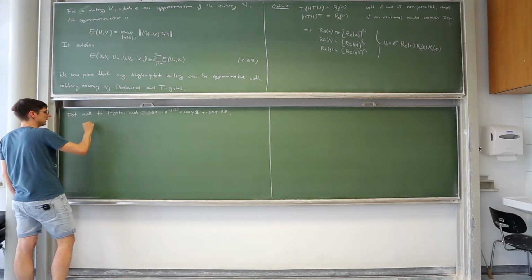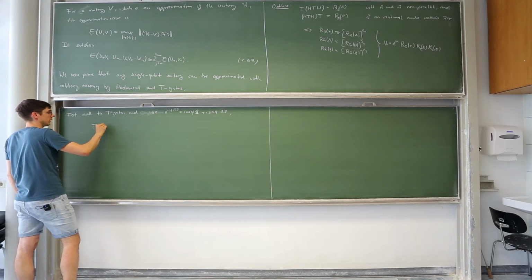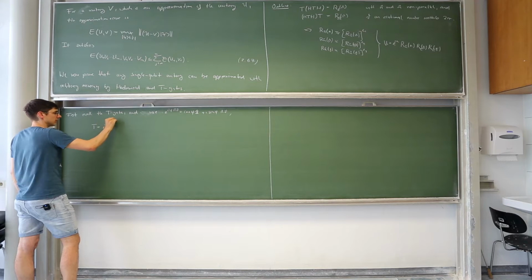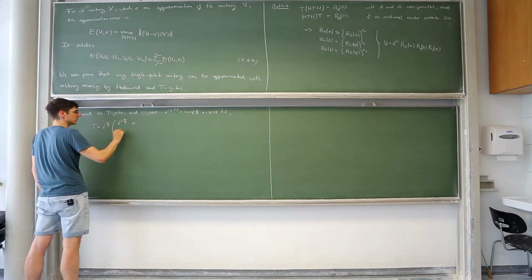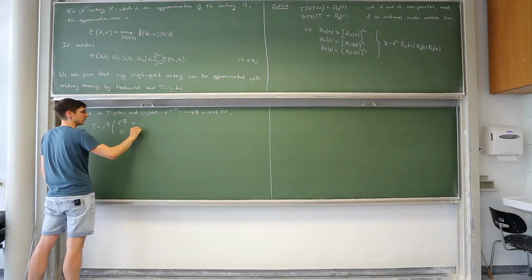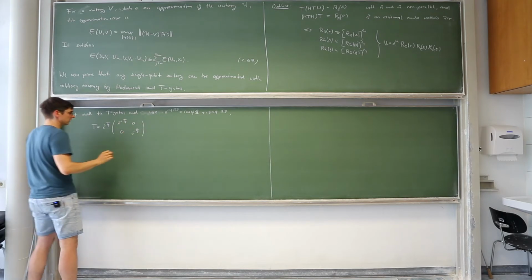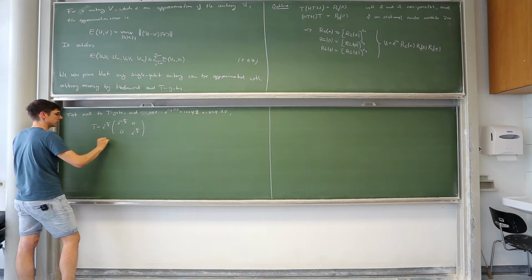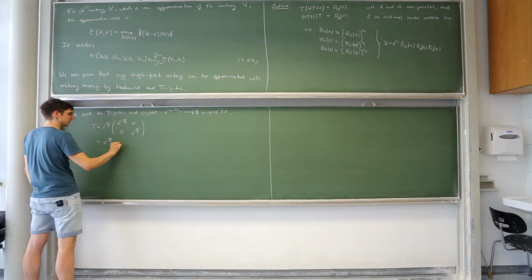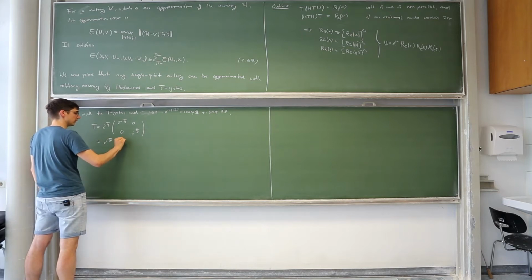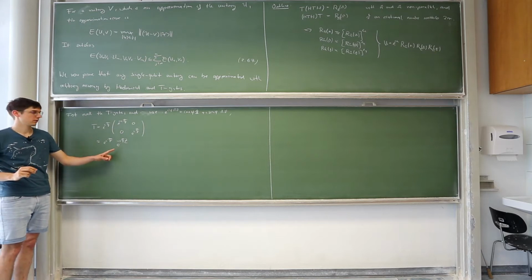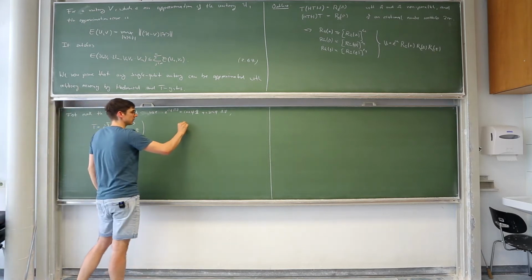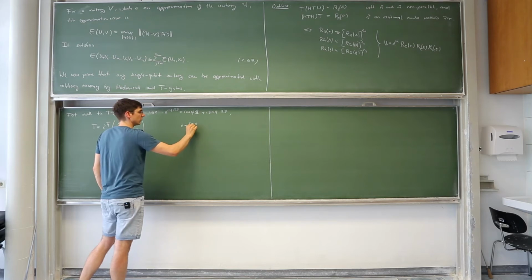So we have T equal to e to the i pi over 8, then e to the minus i pi over 8, 0, 0, e to the i pi over 8. This we can write as e to the i pi over 8 times e to the minus i pi over 8 times z, where z is the Pauli z gate. Remember that z was 1, 0, 0, minus 1.